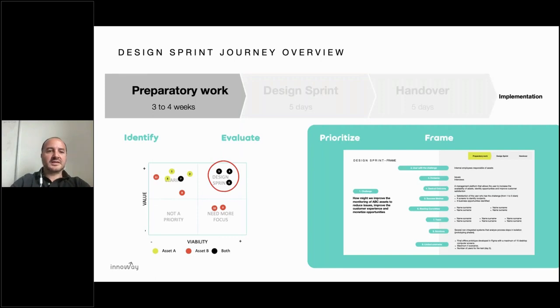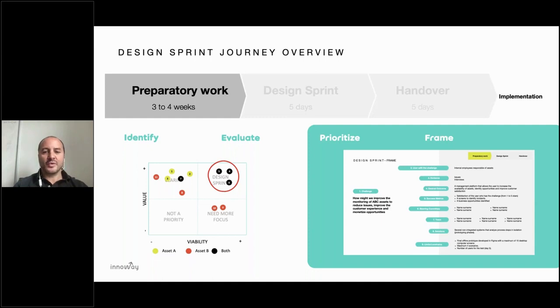So let's look at the preparatory work. During the preparatory work, we will focus on identifying the challenge or challenges that will have a bigger impact on the organization and at the same time are viable for a design sprint. This includes certain interviews, internal workshops, and further data management, or gathering and analysis.